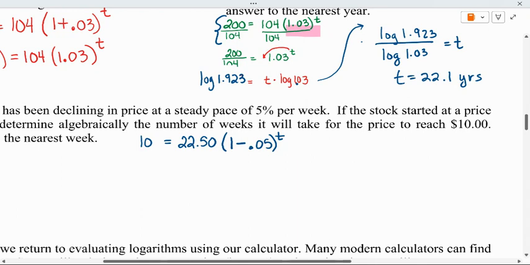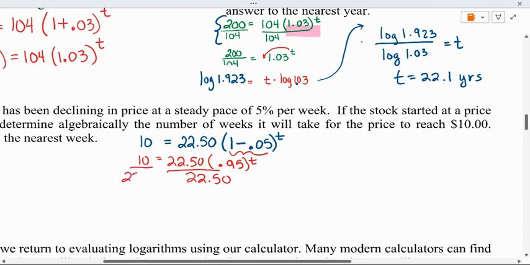Okay. Well, let's first of all simplify this little guy right here. So 10 equals 22.50 times 0.95 to the t, right? Then I would divide both sides by 22.50.